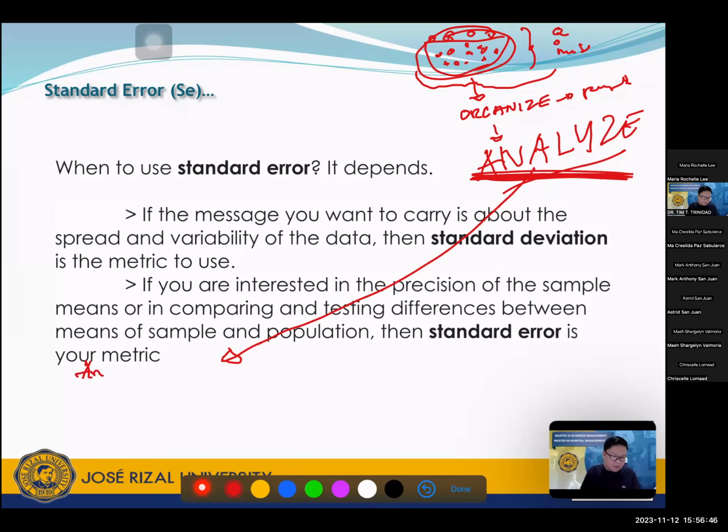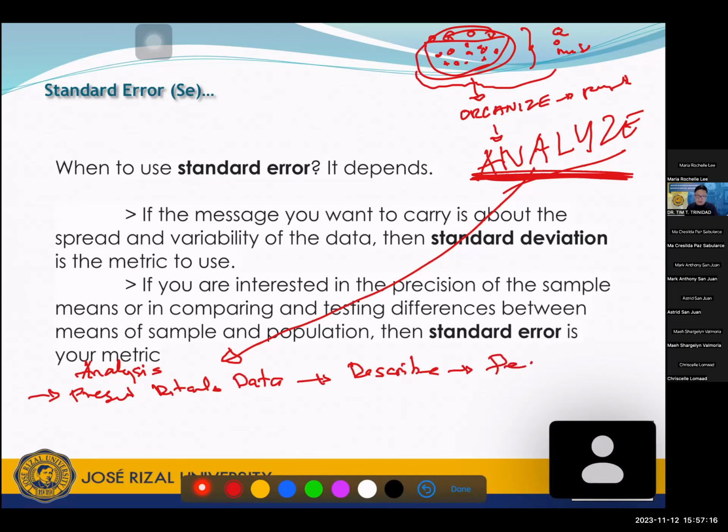Analysis means you are now ready to present the details of your data. Meaning you are now ready to describe your data. And when I ask you to describe your data, you will describe it in the form of descriptive statistics, which is called your summary statistics.